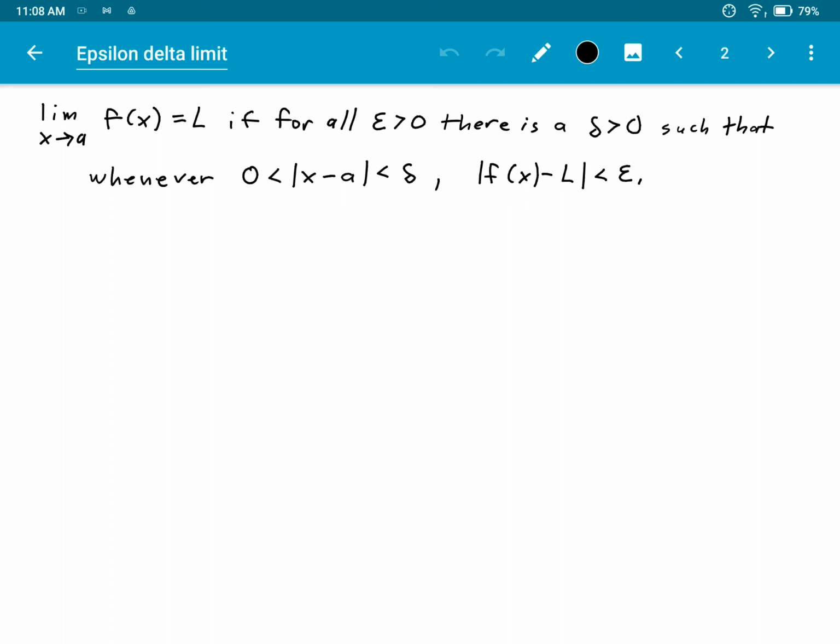So what it's saying is whenever x is within delta of a, whenever x is close to a, f of x is within epsilon of L. F of x is close to L. The way to think about this is if I'm looking at a graph, in this case, it's a linear graph with a hole in it.